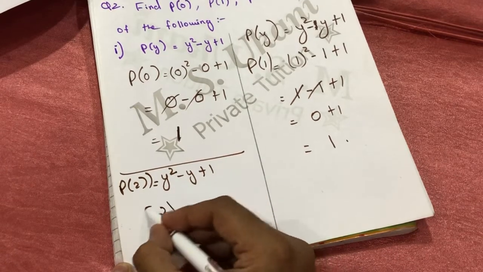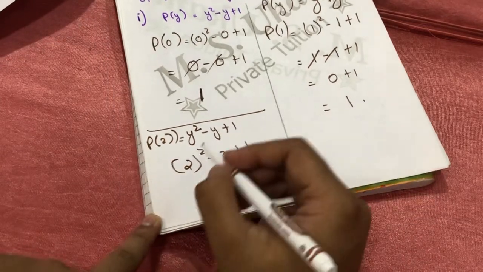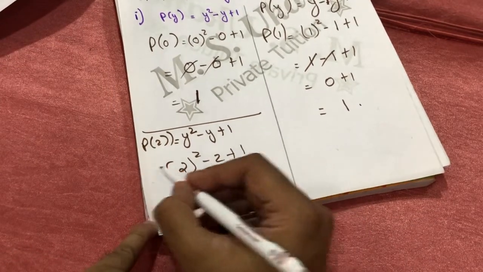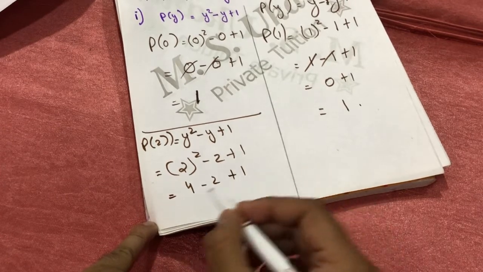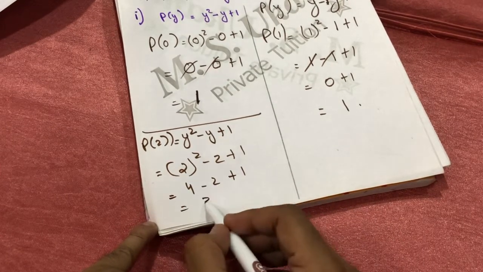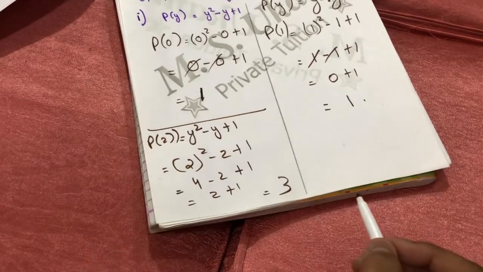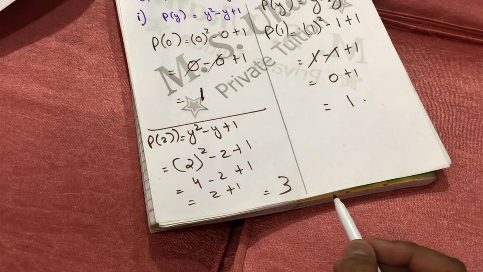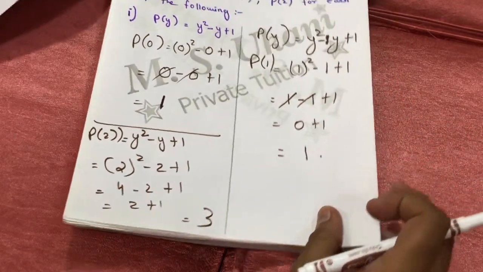So 2 square minus 2 plus 1. 2 square will be 4 minus 2 plus 1. 4 minus 2 will be 2 plus 1. So our answer will be 3. In this way we have completed the first question.